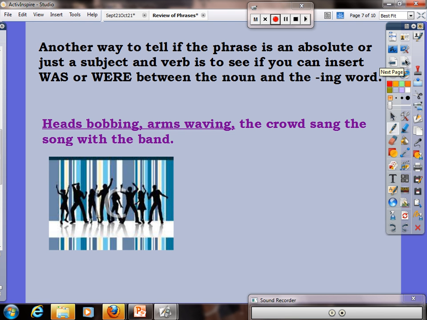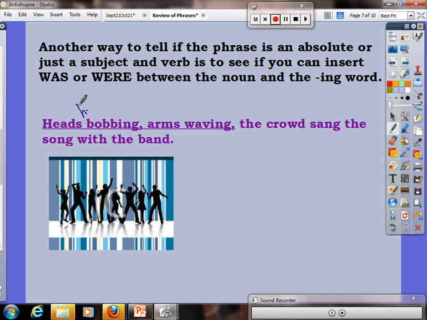Another way to tell if the phrase is an absolute or just a subject and a verb is to see if you can insert was or were between the noun and the ing word. Heads bobbing, arms waving, the crowd sang the song with the band. If I can put was right here, heads was, that won't work. How about we try heads were?